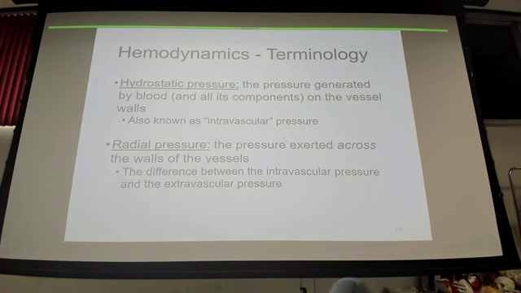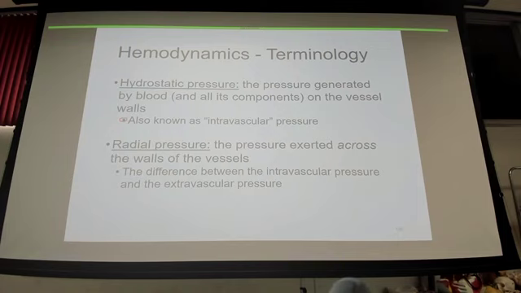Hydrostatic pressure is the pressure exerted by the fluid against the walls of the vessel. And the radial pressure is actually the difference of the intra- and extravascular pressure, so the pressure exerted outward by the blood and inward by the interstitium.